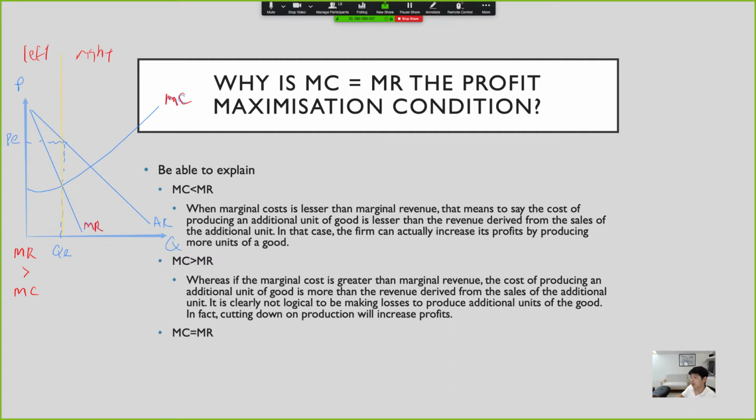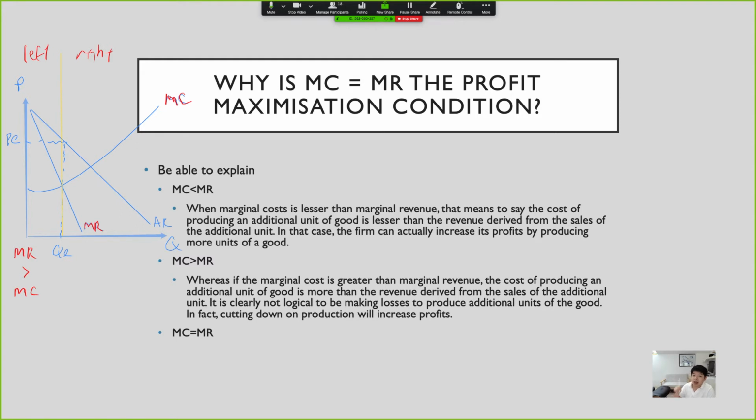So if that is the case, what does that mean? Let's translate that to English. For every one extra unit that I produce, the amount of money it costs me to produce one extra unit is greater than the money that I get from selling one extra unit.